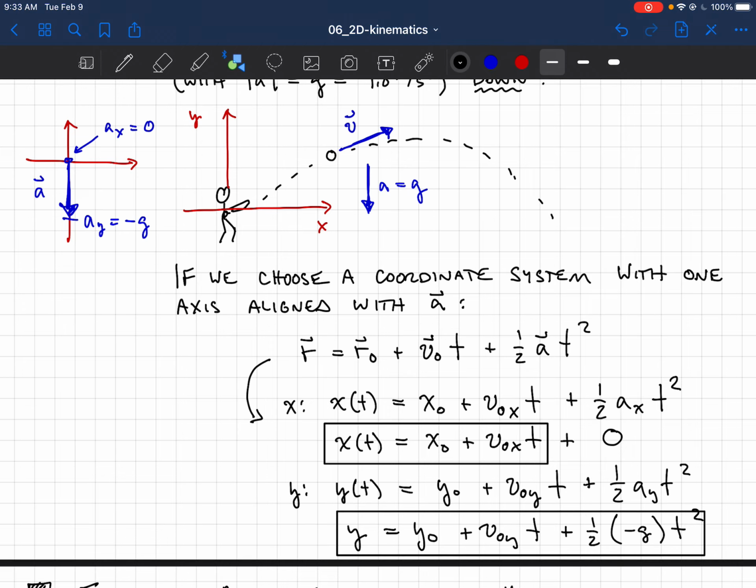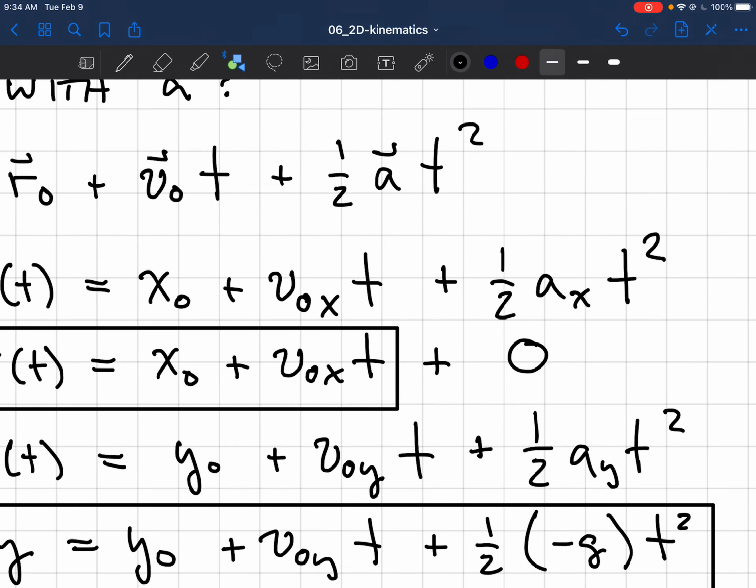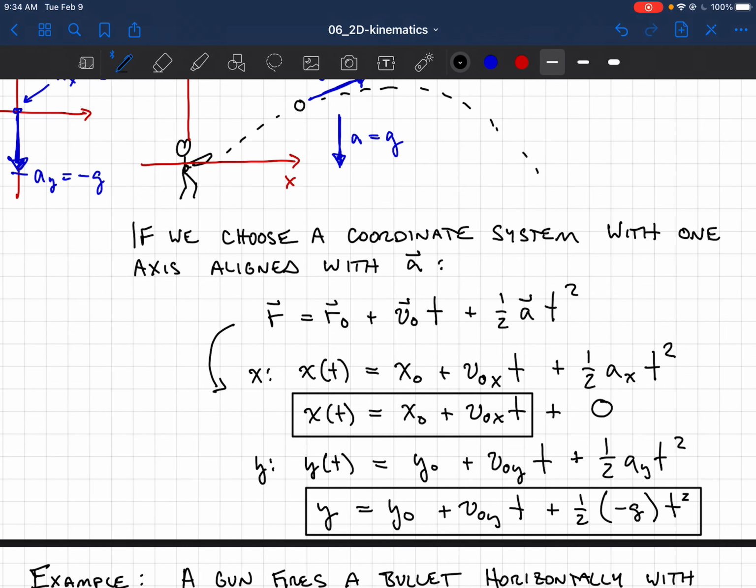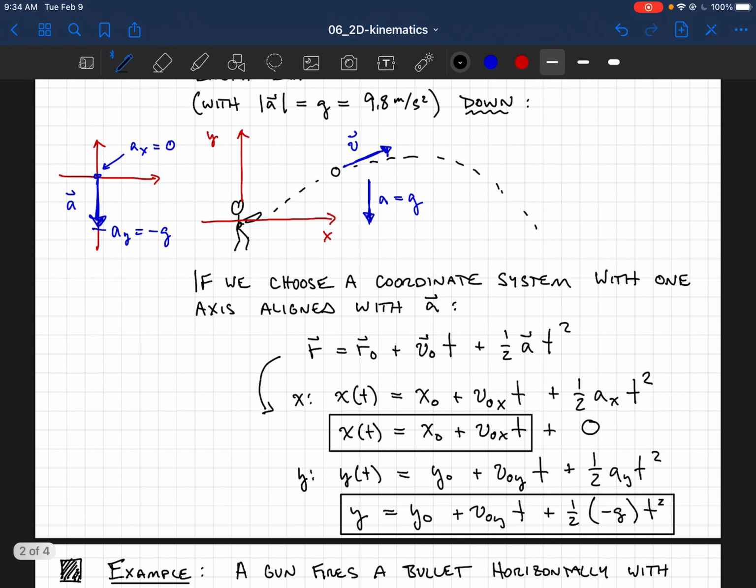So our motion in the vertical direction becomes the constant acceleration equation. So motion with constant acceleration in 2 dimensions can reduce to motion with constant acceleration in 1 dimension and motion with constant velocity in the other direction.